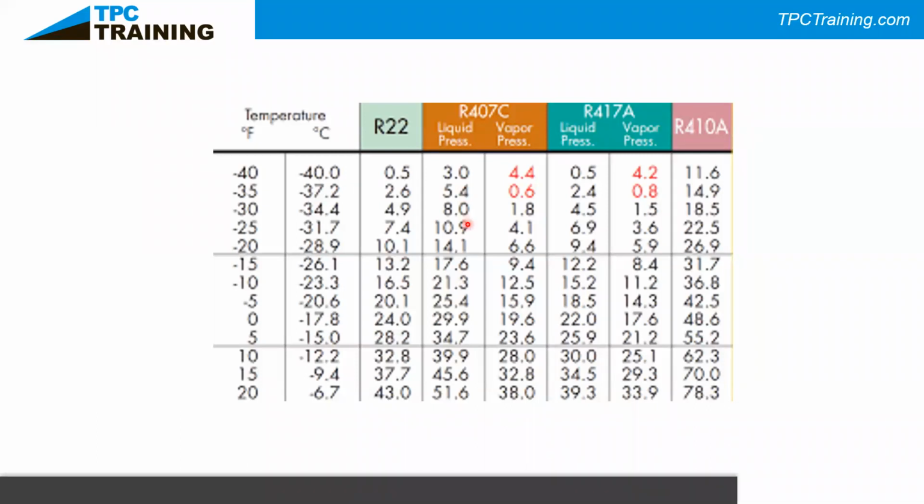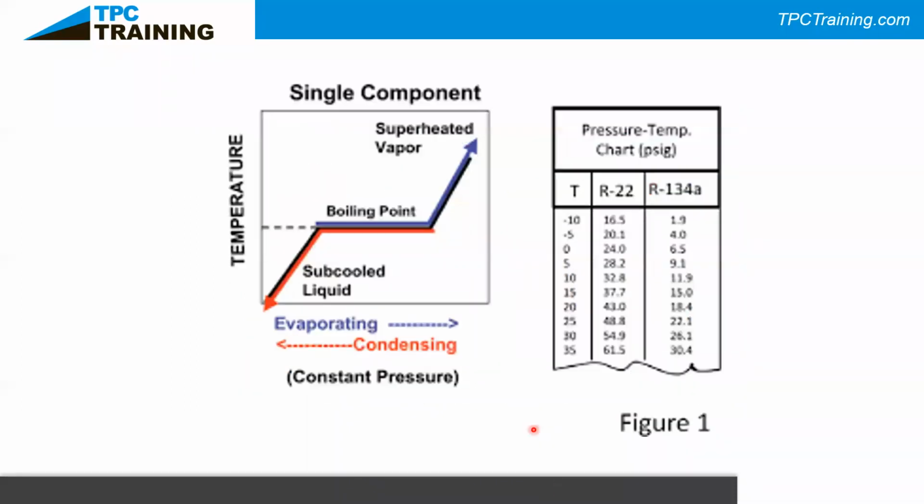It's called fractionation. When you're using your gauges with R407C, or R417A here, it's called a blended refrigerant, and we need to know: are we on the high side of the system, liquid pressure? Are we on the low side, vapor pressure?